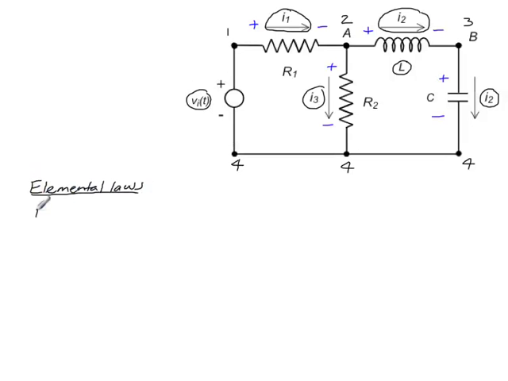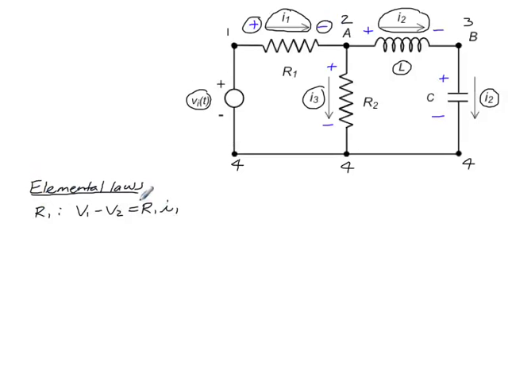So for resistor R1, we'll say V1 minus V2 is equal to the resistance R1 times the current I1. Again, we're looking at the sign conventions that we have here on voltage and the direction drawn for I1.